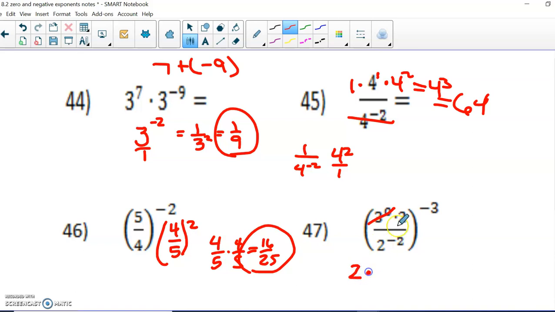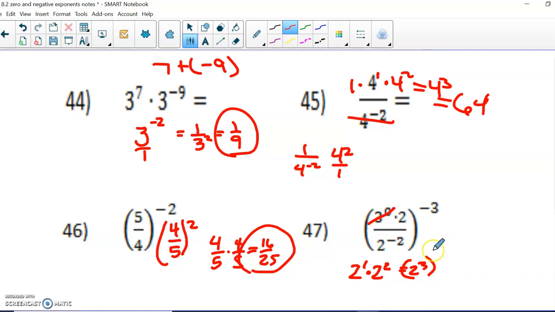On the top, I already have a 2. We got rid of the 1. We don't need that. This 2, we're going to move up there, and now that 2 becomes a positive 2. So inside the parentheses, I have 2 times 2 to the 2nd power. Remember, there's really a 1 here. So that's going to give us 2 to the 3rd power.